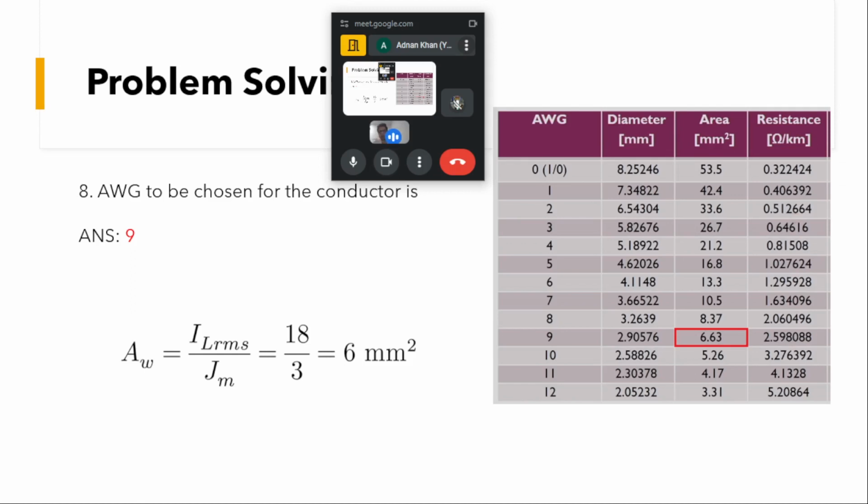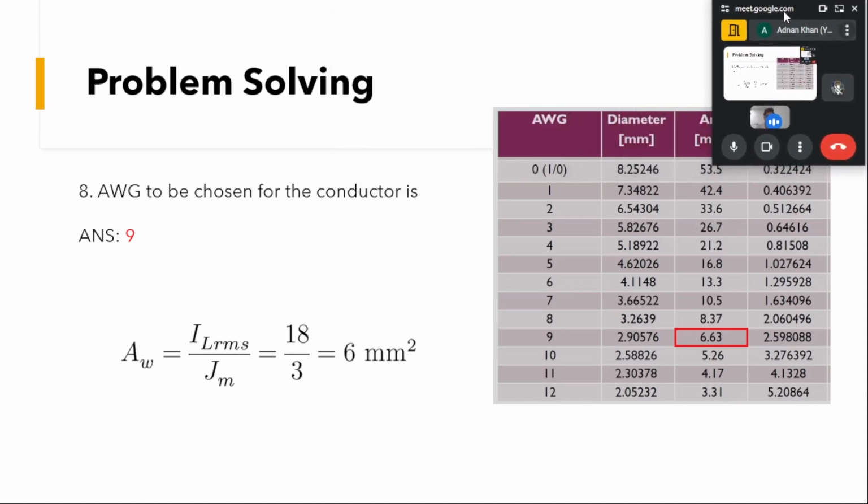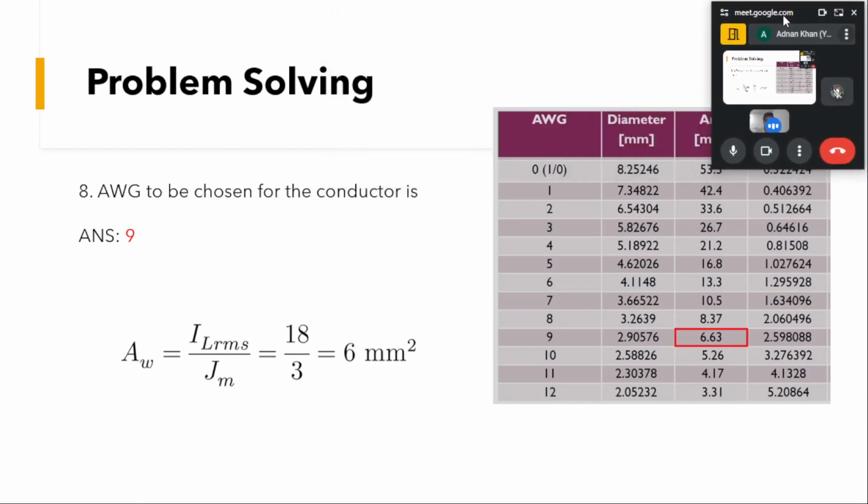In order to fit the required number of turns in that window area, we should choose the AWG wire gauge closest to the wire area that has been calculated. So AWG 9 is the answer to this question. The answer is 9.